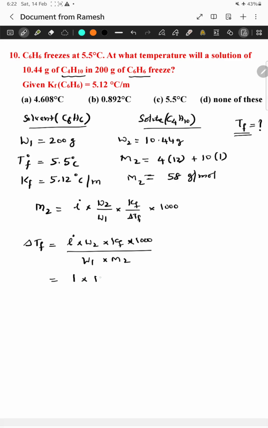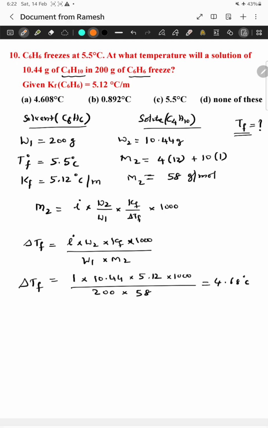So W2 is 10.44, into Kf 5.12, into 1000, divided by W1 200 into M2 58. So the depression in freezing point, delta Tf, comes out to be 4.68 degrees Celsius.